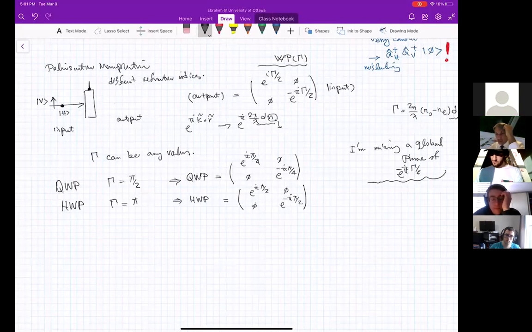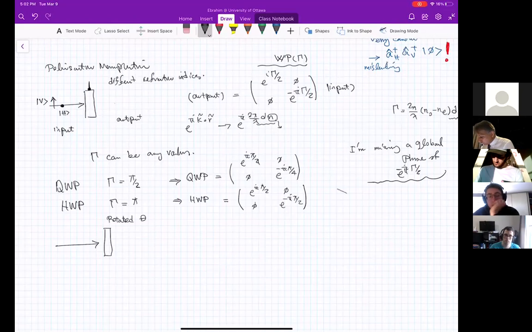Remember, this action is the action of a wave plate whose ordinary and extraordinary axes are aligned with the polarization of H and V, not rotated. Now assume that your wave plate is rotated by an angle of theta. So the previous case was like this.